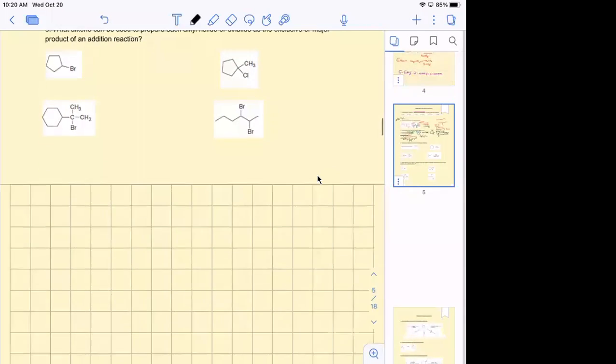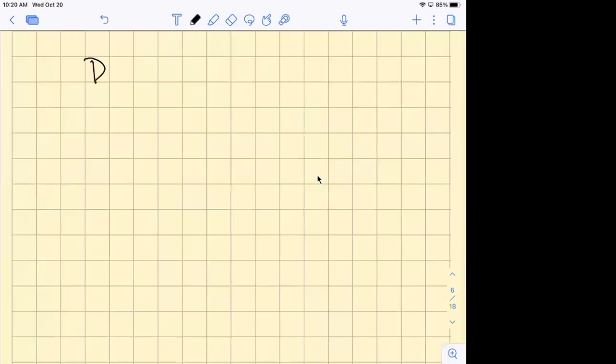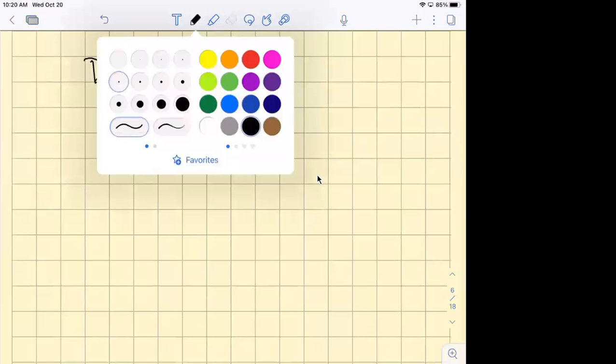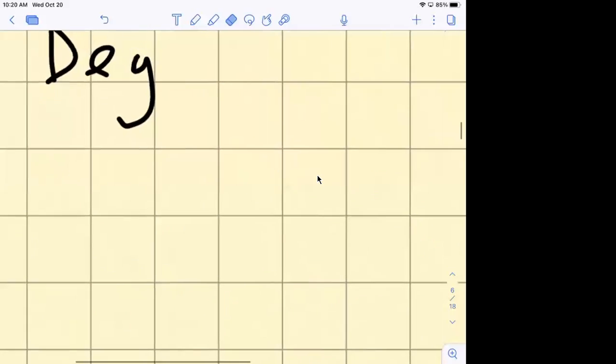We put a date here. What's the date? The 20th. All right, so when we talk about degrees of unsaturation, you also hear this referred to as the index of hydrogen deficiency.